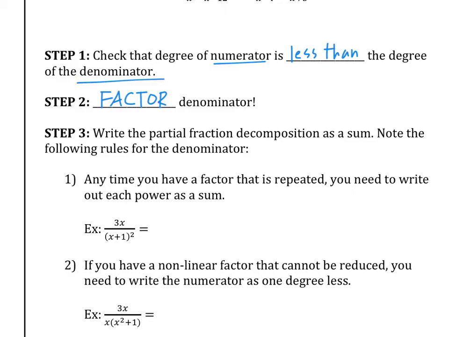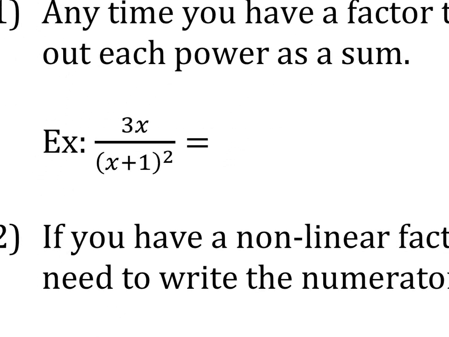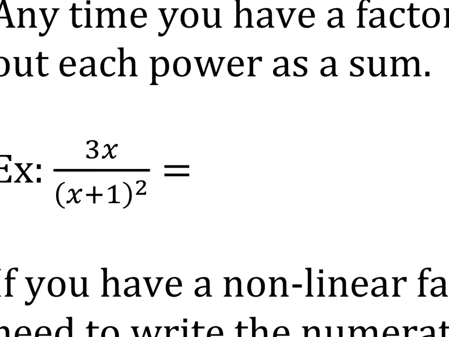So what happens if it's not just one factor at a time? What if you get something like 3x over x plus 1 squared? Whenever you have a factor that is repeating, you have to write it a little bit differently. We know it's definitely going to be x plus 1, but it is actually x plus 1 squared.